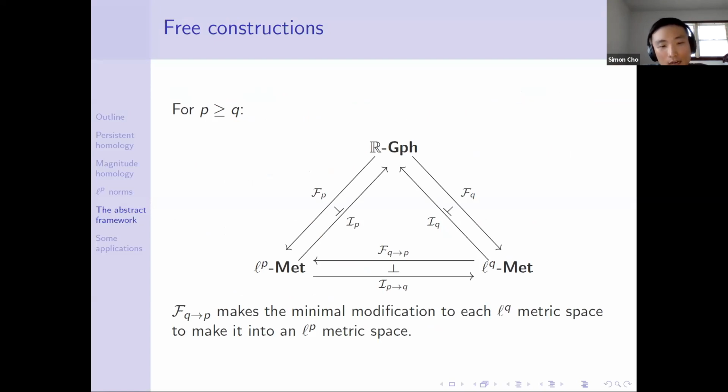So all these Fs make the minimal modification that you need in order to turn it into an LP metric space or an LQ metric space. And it's not too hard to write down explicitly what it does to any given R graph, but we'll see what it does to a certain kind of space that we're interested in, our test spaces that we're going to construct the nerve with.